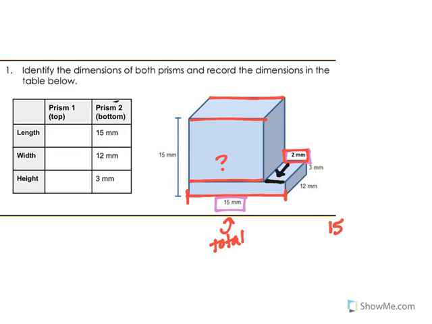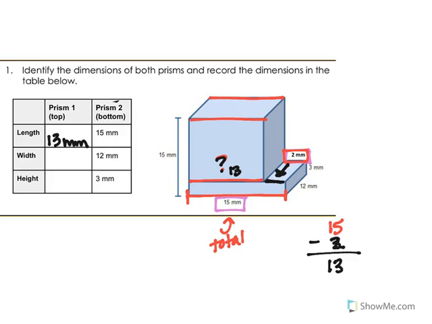So if this section right here is 2 millimeters, then that means this leftover section is 13, because 13 plus 2 equals our total of 15. So our missing length for the top prism was 13 millimeters.